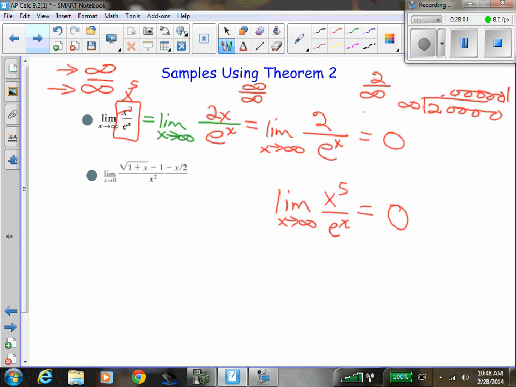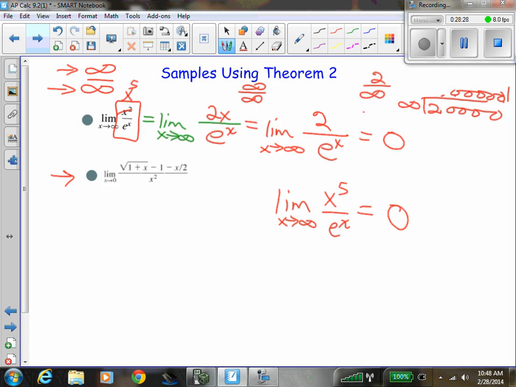Now, would you all work this one? Before you go flying in there, check and see if it's indeterminate. Does it give you 0 over 0? You get the square root of 1 minus 1 minus 0 over 0, so 0 over 0, right?